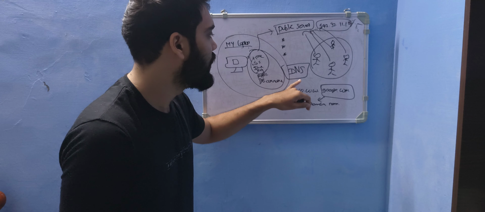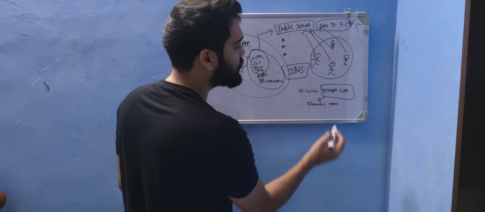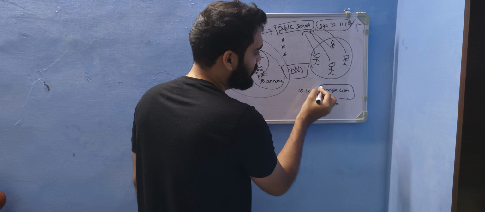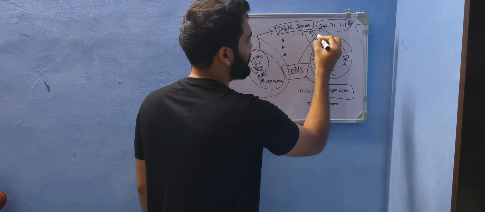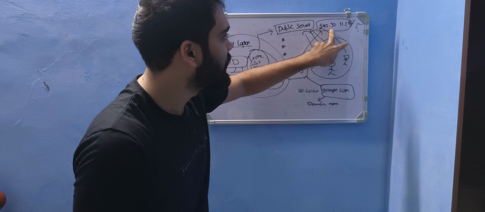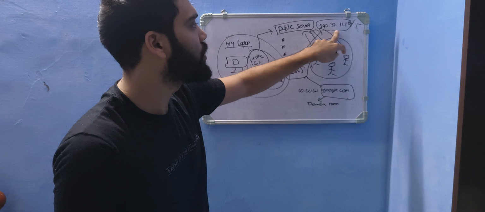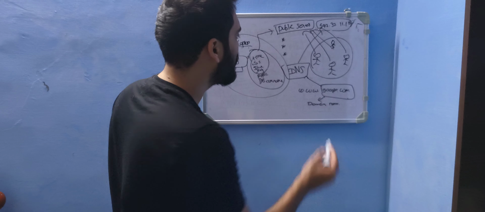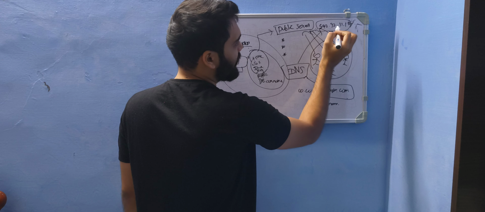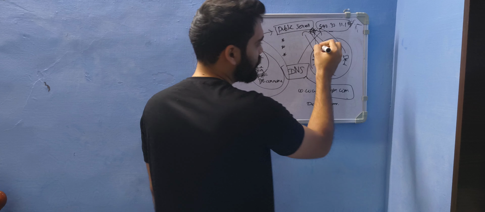What is the purpose of DNS? DNS will convert google.com into that public server IP. Then it will go straight to the public server IP, fetch all the details from the server, and show them back to the user.